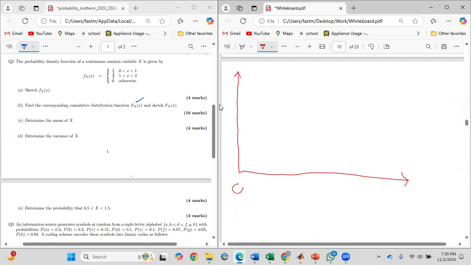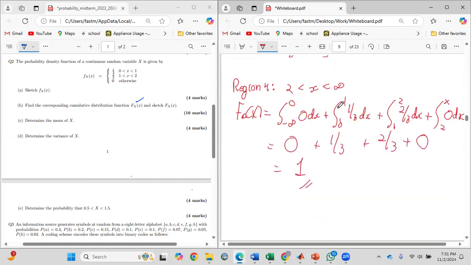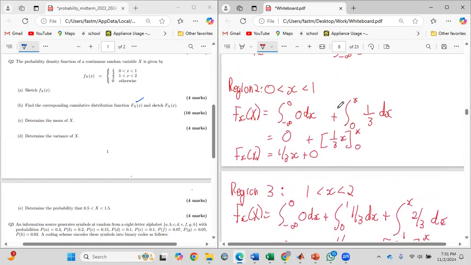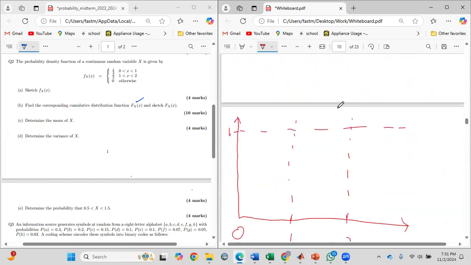So we have 0, 1, and 2. So let's go back. So we have a range from 0 to 1, 1 to 2. So we know it's plateauing at 1, so just put our 1 there for sure. Okay, so let's see how it's between 0 and 1. The equation was 1/3 x plus 0.